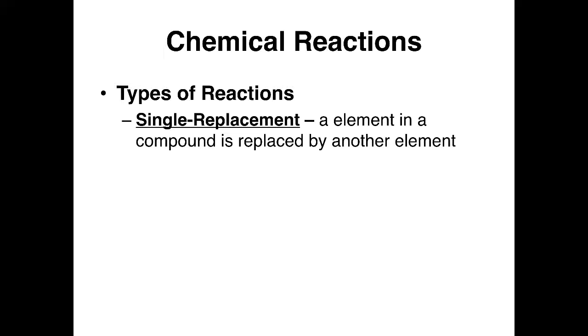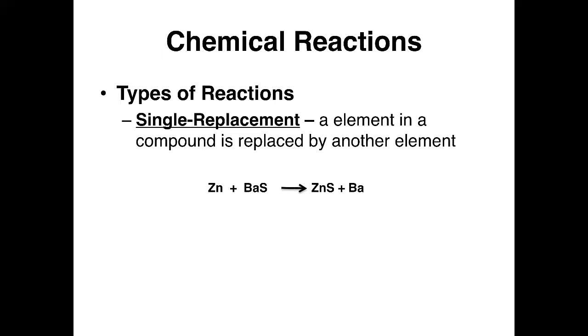A single replacement reaction occurs when an element in a compound is replaced by another element in a compound, and there's only one replacement, thus the name single replacement. So for example here, zinc combines with barium sulfide to form zinc sulfide plus barium, and the zinc replaces the barium in barium sulfide. So there's a single replacement of the zinc for the barium.